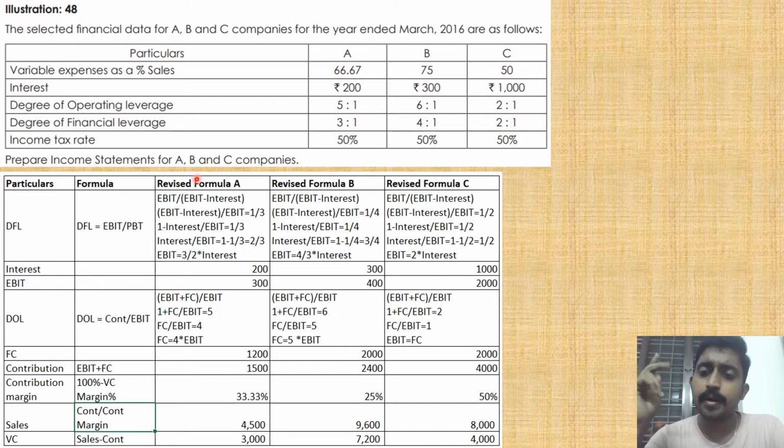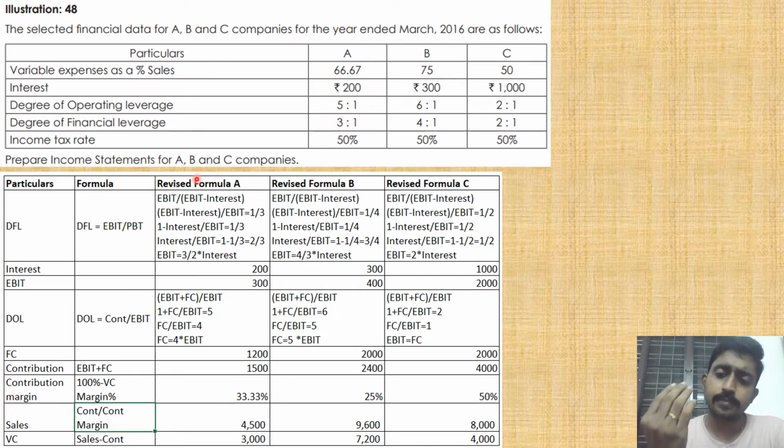Sales less variable cost, you will get contribution; minus fixed cost, you will get EBIT; minus interest, you will get earning before taxes; minus taxes, you will get earning after taxes. So these 9 items are the P&L. If these items are there, your P&L is ready.